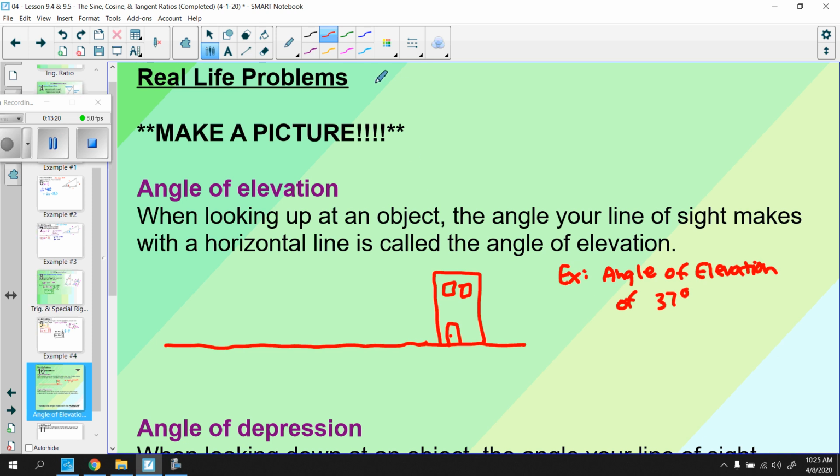Okay, so where that fits into my picture here is I'd be standing some distance away from this building, and I'm looking up at the top of the building.